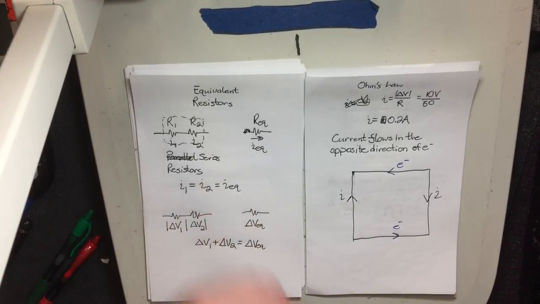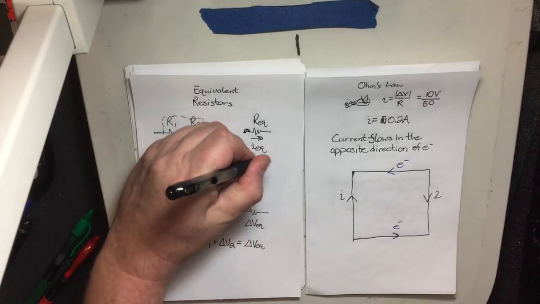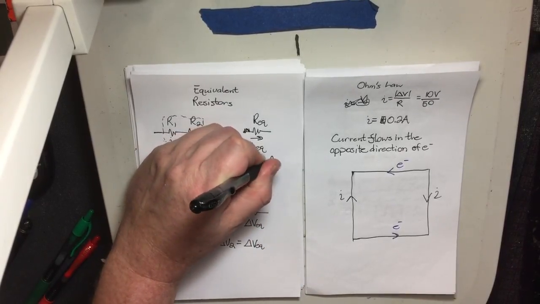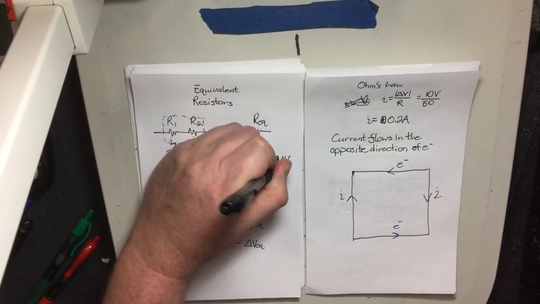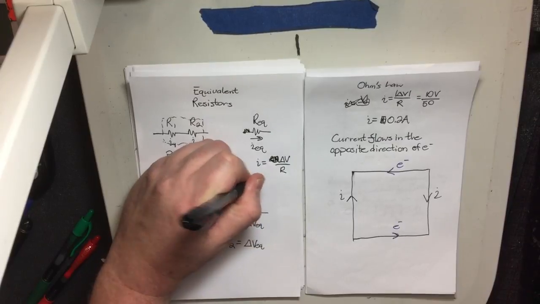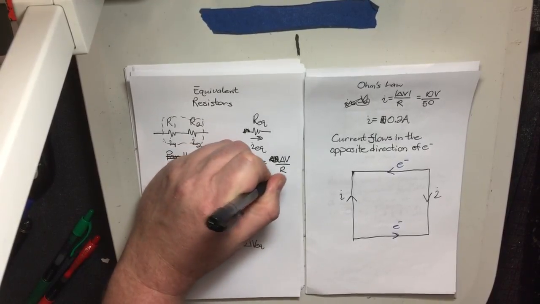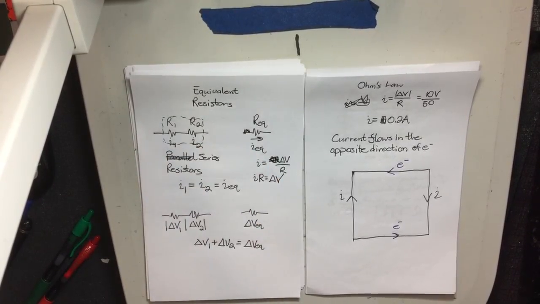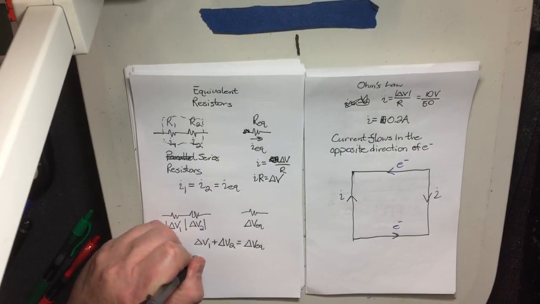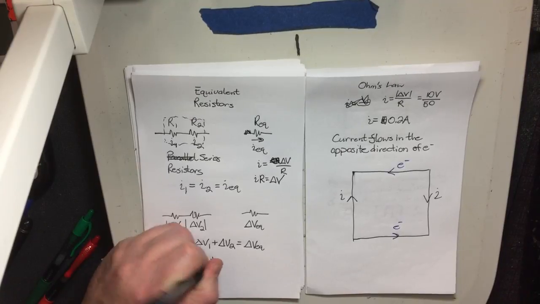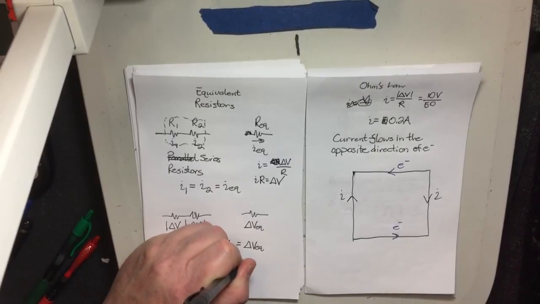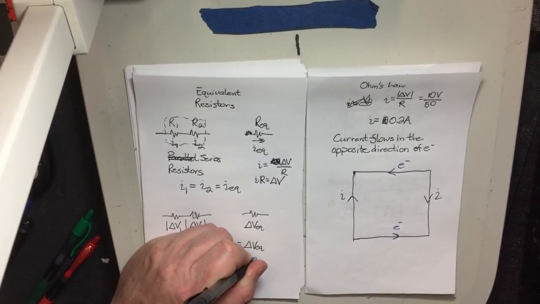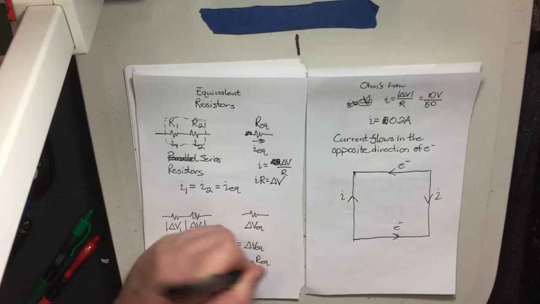What we do is we now hurl in Ohm's law. Ohm's law can be rewritten as IR is equal to delta V. So we can replace this: I1 R1 plus I2 R2 is equal to I equivalent R equivalent.